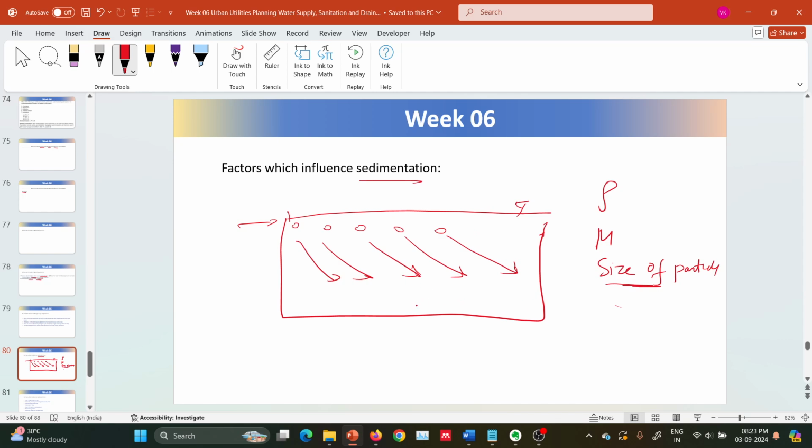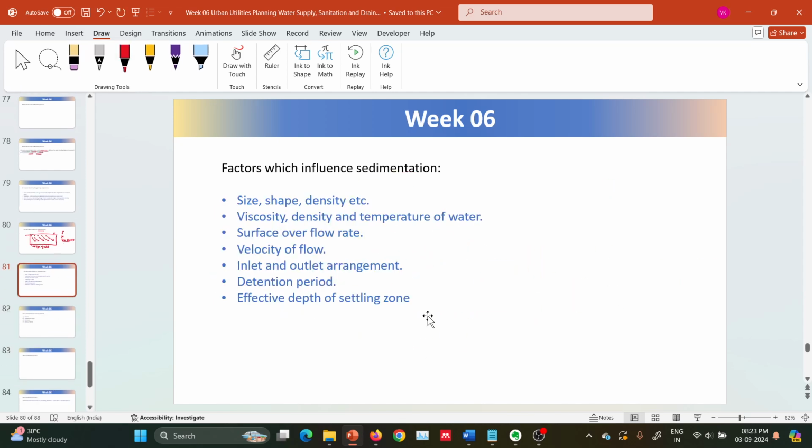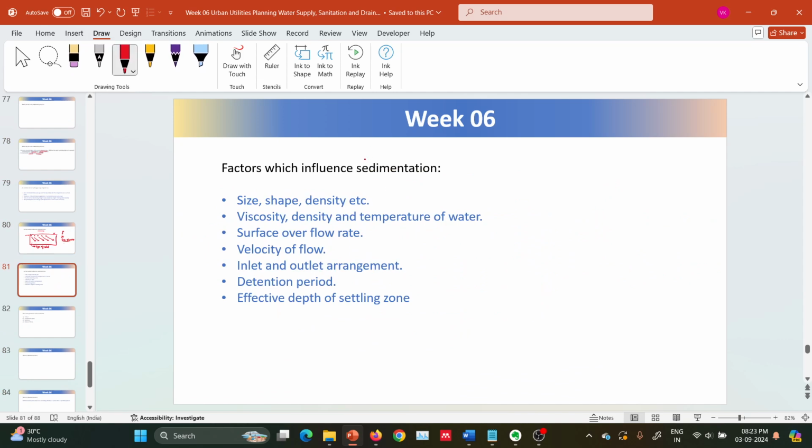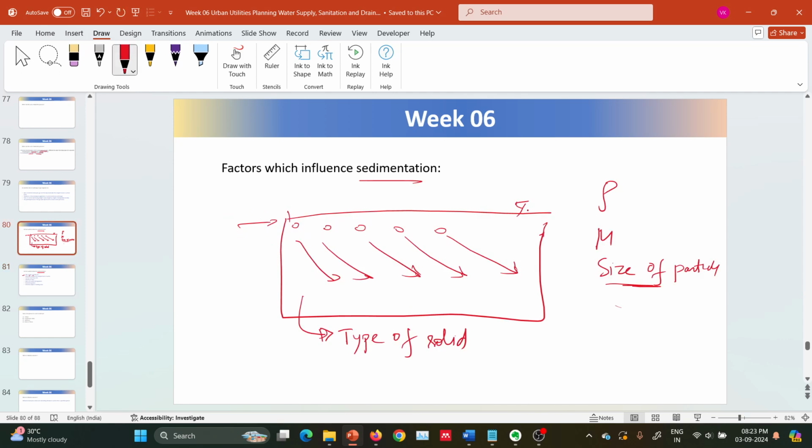It depends on some factors, and also the concentration and the type of solid. So the factors which influence sedimentation are size, shape, density, the density of water as well as solid.